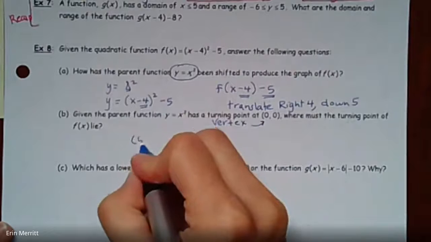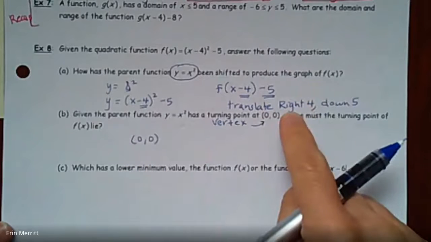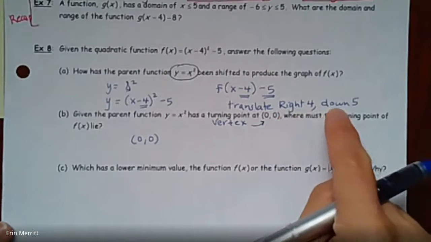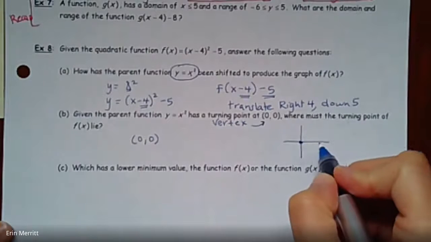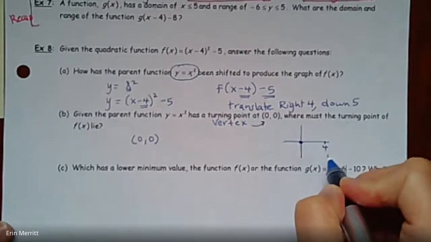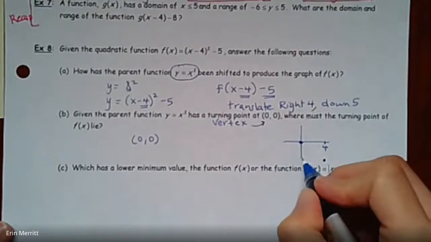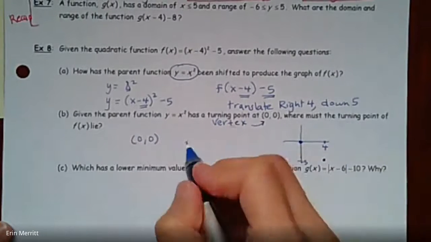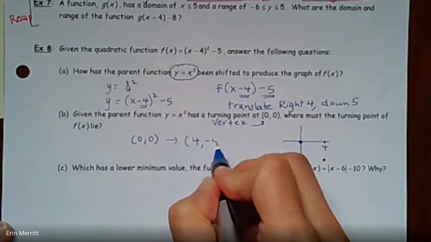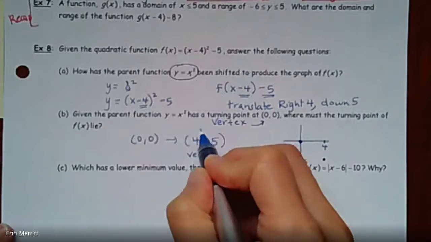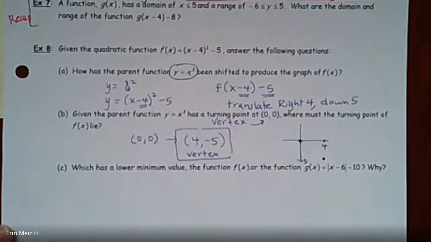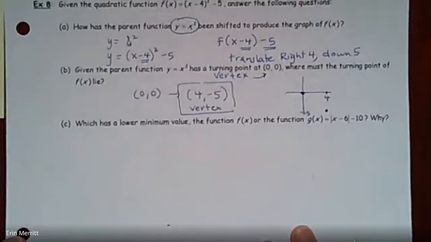So if we take the point 0, 0 and walk it through those translations, we go right 4, down 5. You can literally think graphically: if I go to the right 4 and then I come down 5, what are the coordinates of that point? Well, that's literally going to be the point 4, -5. That's going to be your new vertex. And we sort of saw that with that first little question that we did, figuring out the rules.